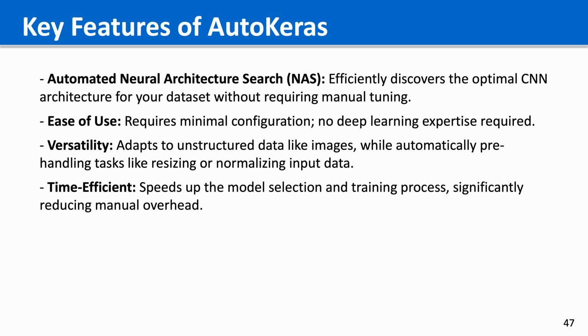What makes AutoKeras special is the way it hides the messy parts of deep learning. Behind the scenes, it is running neural architecture search, the same family of techniques Google used to invent EfficientNet. It handles the boring chores too, like resizing images, normalizing pixel values, even splitting your data into train and validation sets.